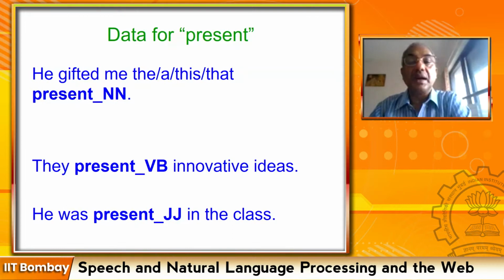You can take help of this imagery that every sentence is a sequence of cells or rooms where there is an occupant, and the occupant happens to be the word. Now we'll have to place a tag at every position depending on the word at that position and the surrounding words. So I want to disambiguate present for its part of speech.